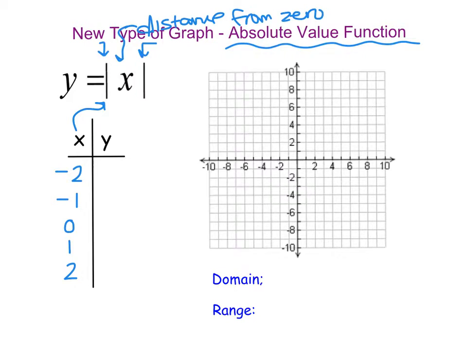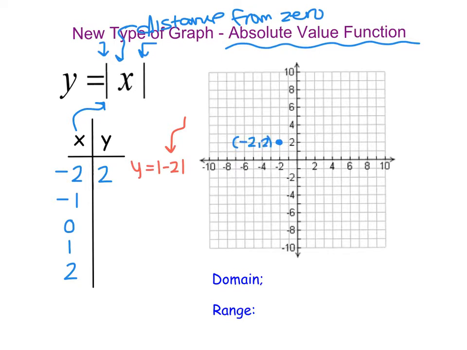So here off to the side, we have y is equal to the absolute value of -2. Remember, absolute value finds distance from 0. -2's distance from 0 is 2. So my first point is x is -2, y is 2. I can go to my graph and plot it, -2, 2.